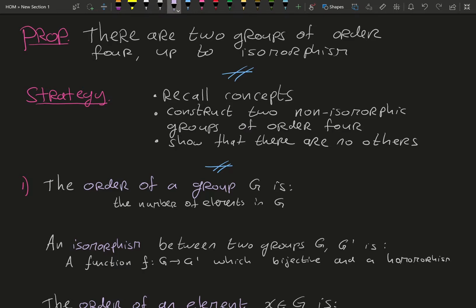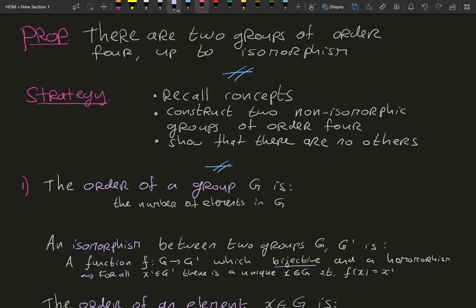So let me recall here, bijective means that for all x prime in G prime, there is a unique x in G such that f(x) is x prime.